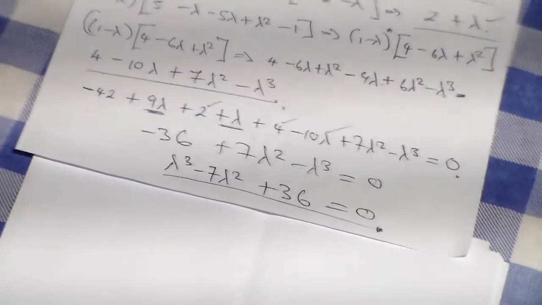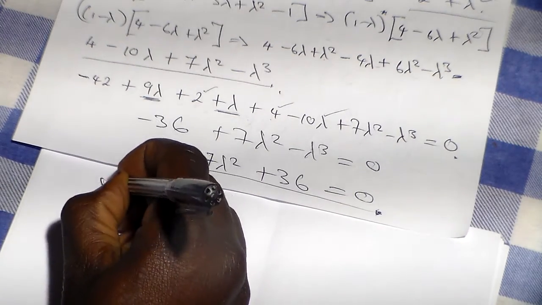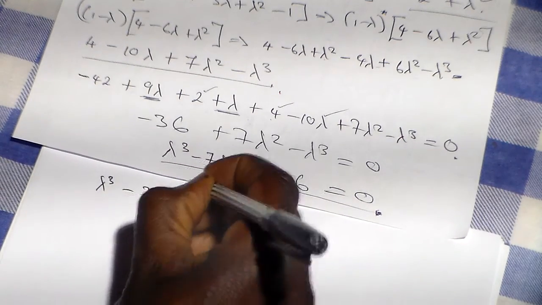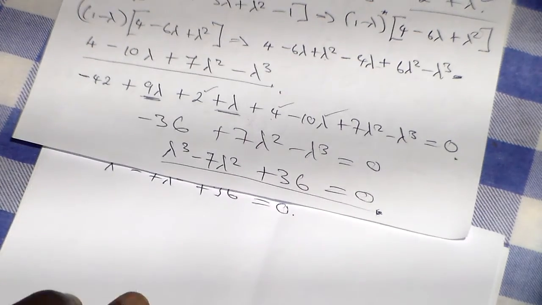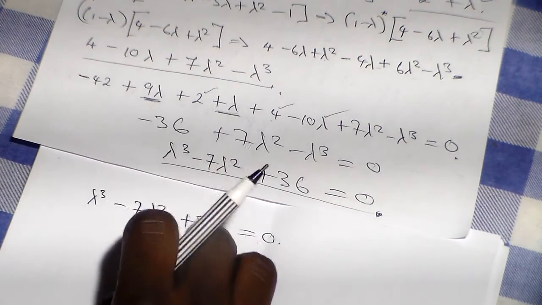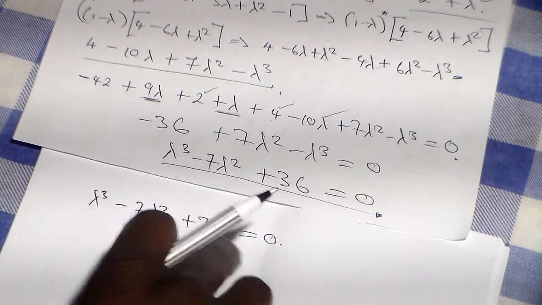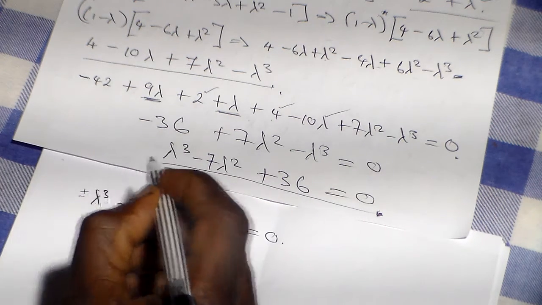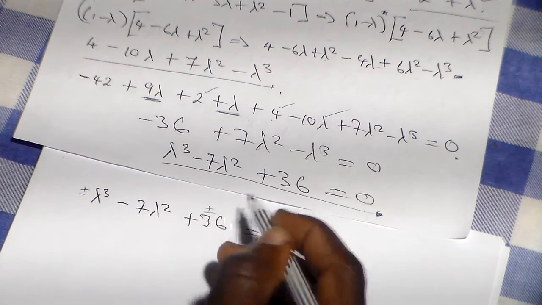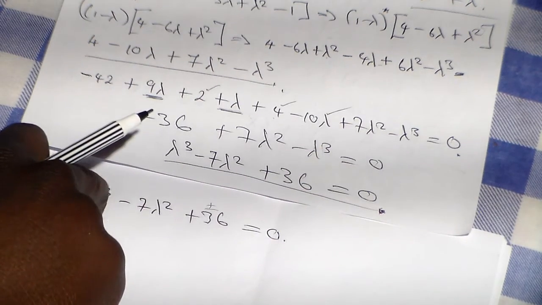Okay, when working this characteristic equation, what we have to do is to find the factors that if we put inside this bracket we will get a 0. So we'll try out the factors by taking note of the coefficients of 36 and the coefficient of lambda cubed.